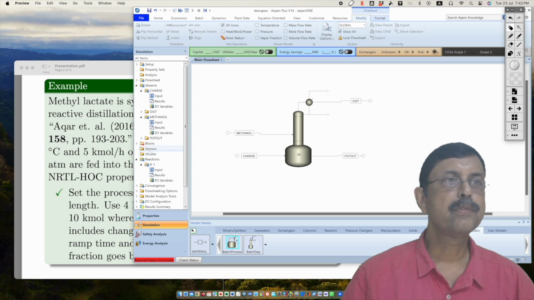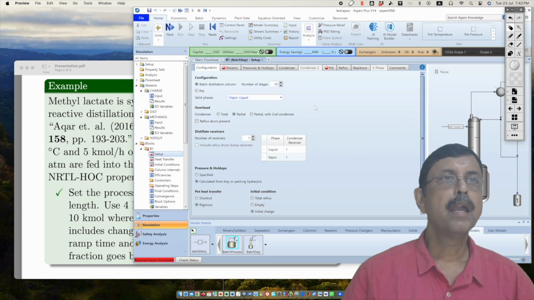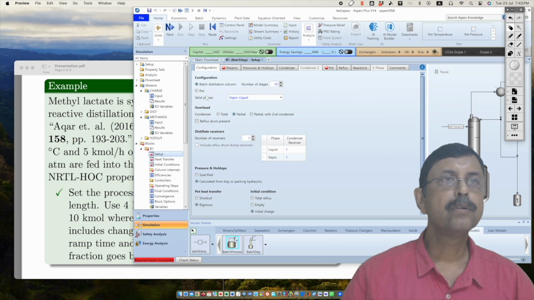Now we have to specify the block. Go to setup. In the setup, first set the process as pot of 1 meter diameter and 1 meter tan-tan length. So first we have to set it as pot.